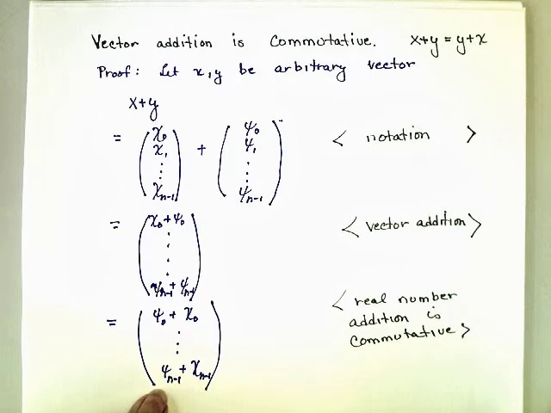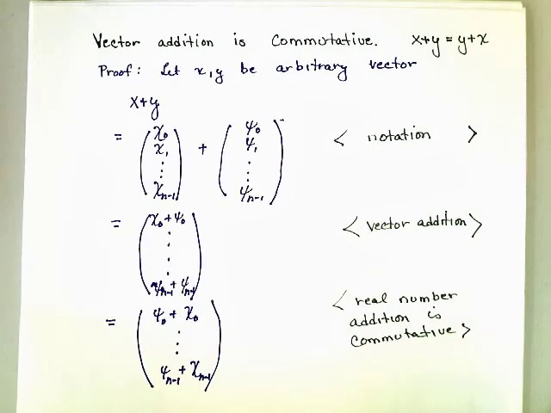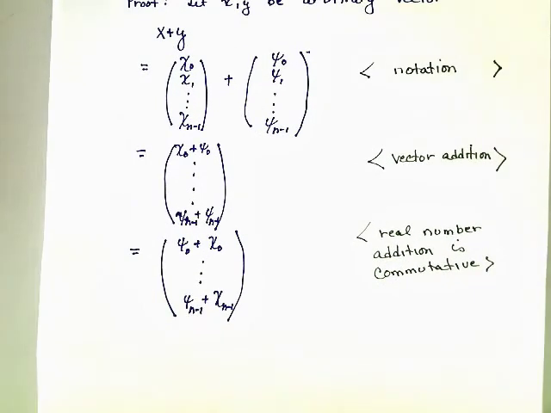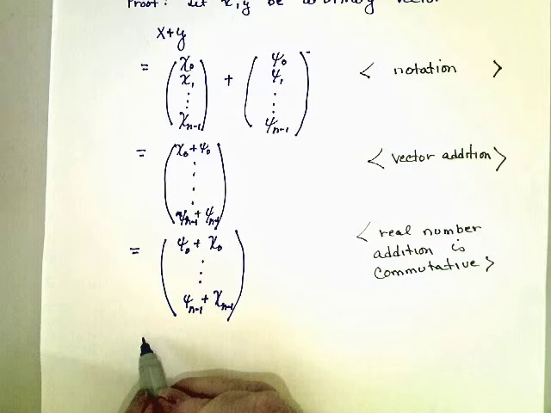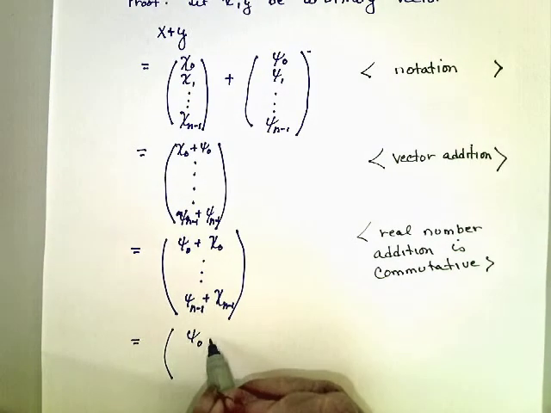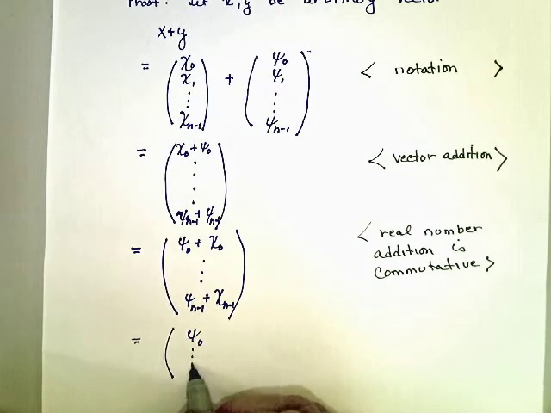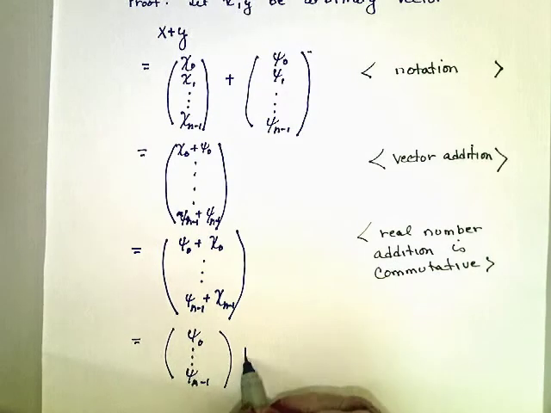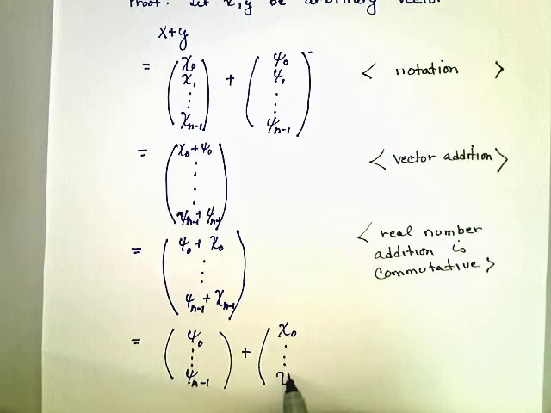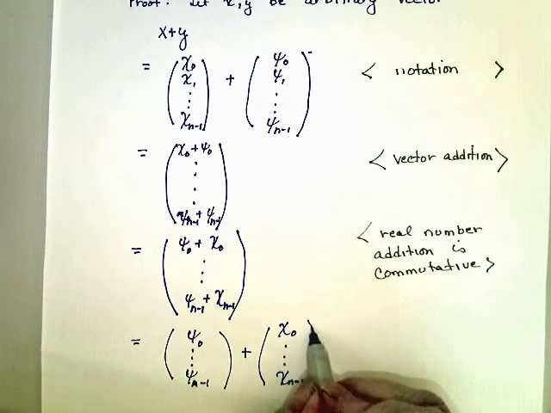But this is actually, by vector addition, working our way backwards, just the sum of two vectors. And those vectors would be the vector psi 0 and so on, psi n minus 1, plus chi 0 out to chi n minus 1.